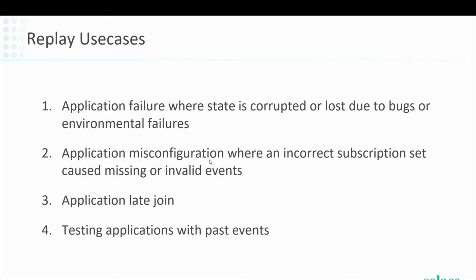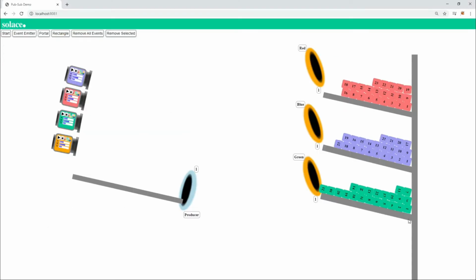What about if you have misconfigured it, you have the wrong subscription set, and you've received events that you did not want, or you didn't receive some that you did want? So if we go back here, remember how I can click on this and see some information. Let's say this application was supposed to be far more selective, and I did not want to get all these green events.